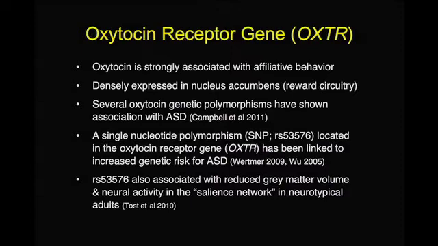There are several oxytocin polymorphisms that have been associated with autism, and one in particular has also been linked to both increased risk for autism, as well as reduced neural activity in the salience network.